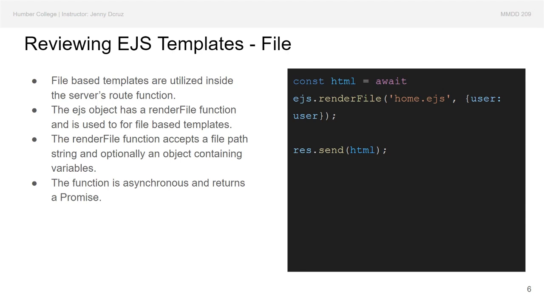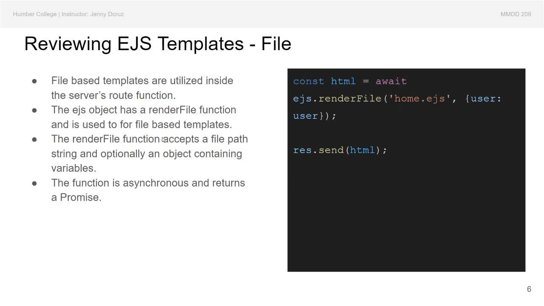When you're using EJS templates, because you're using the renderFile function, you're using the Node.js application project folder structure, your server knows that all of your EJS files are going to be inside the views folder. So you don't need to specify the entire path like you would usually with HTML. EJS, or your server.js code, knows where to look. So if you've done your folder structure correctly, you can directly specify that my EJS file is home.ejs, all right?